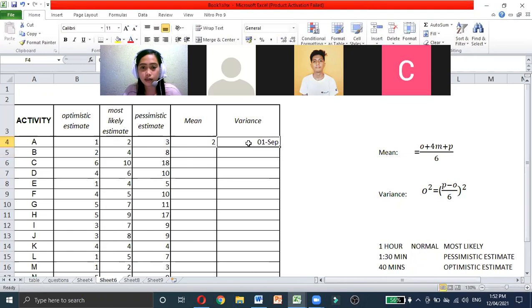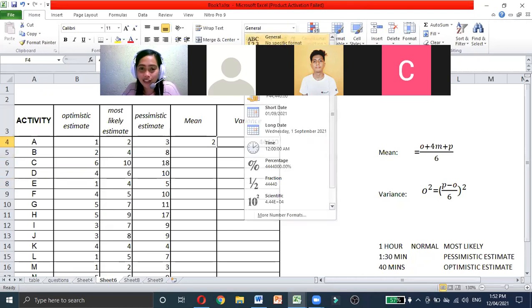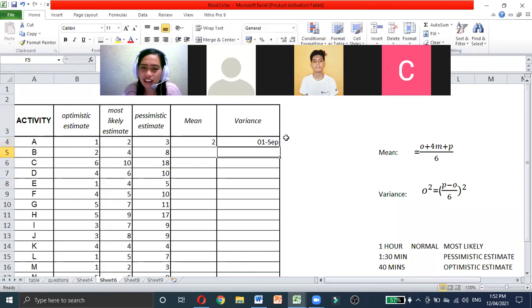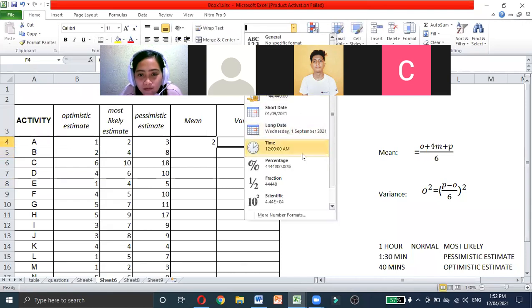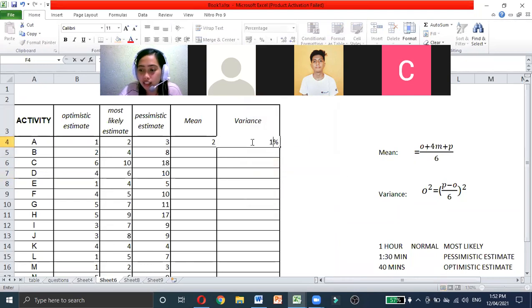In decimal, that is 0.7, I think. Let's see, 1 over 9 as a fraction. So that is 0.7. Okay.